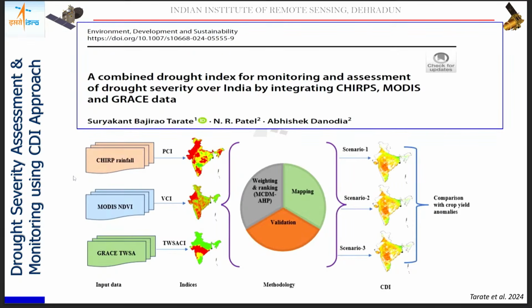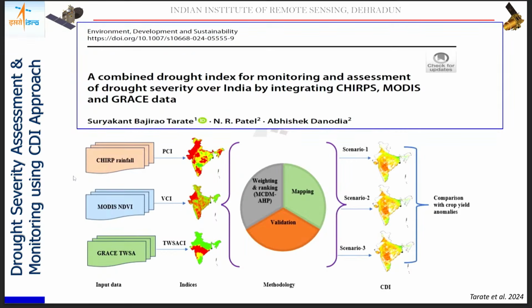When we integrate all three and generate an AHP-based, or MCDM AHP-based, final combined drought index map, we did this study at the pan India level, and more specifically for the rainfed region, where around 120 plus districts in India are classified as rainfed, and prominent for production of maize, sorghum and pearl millet, which is also part of this research in the correlation, or comparison, part.